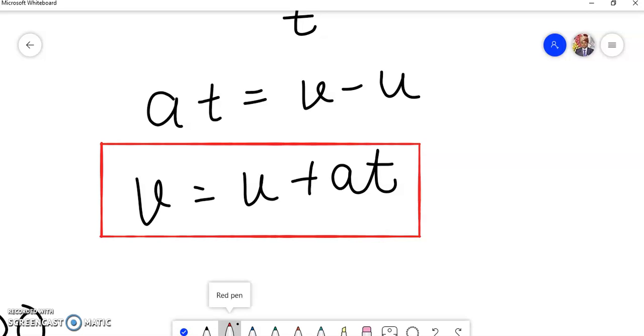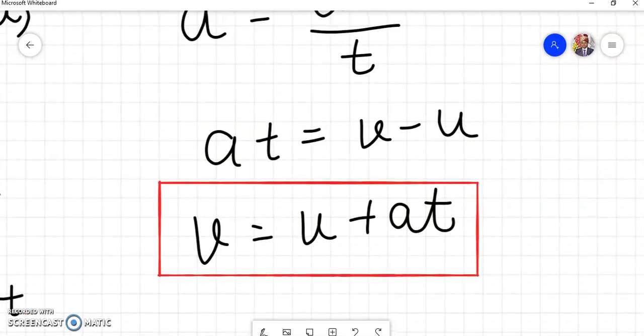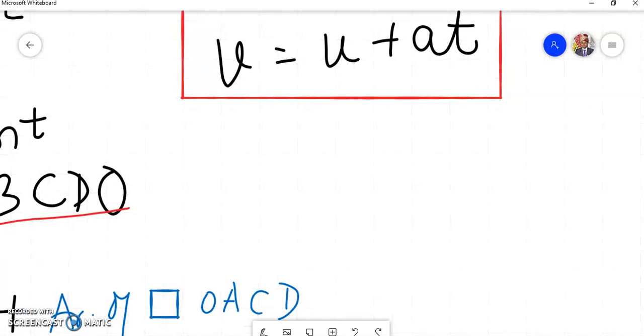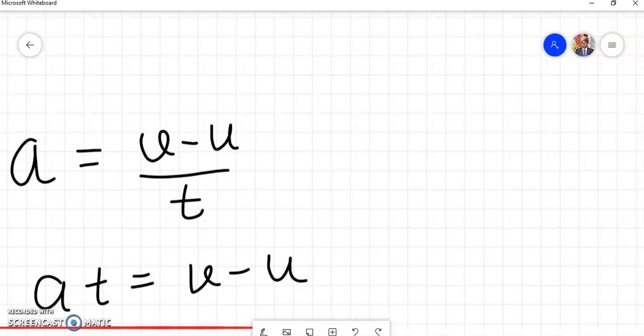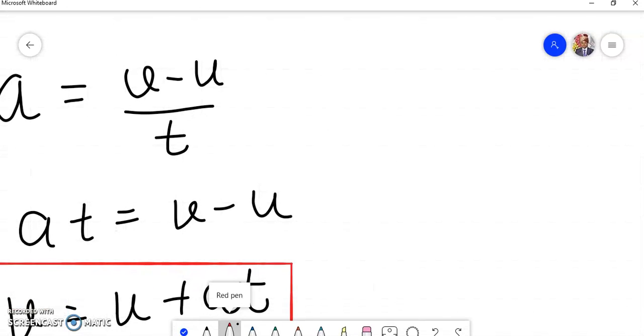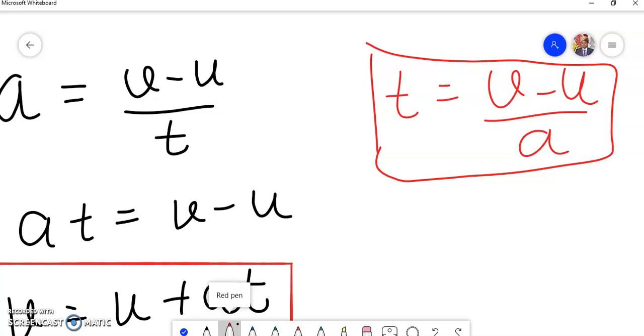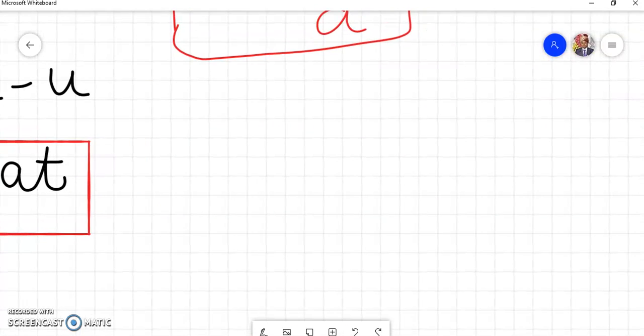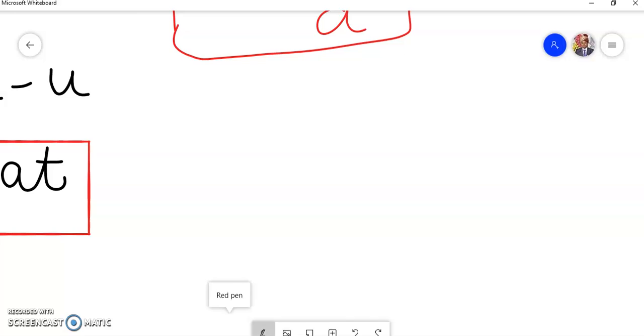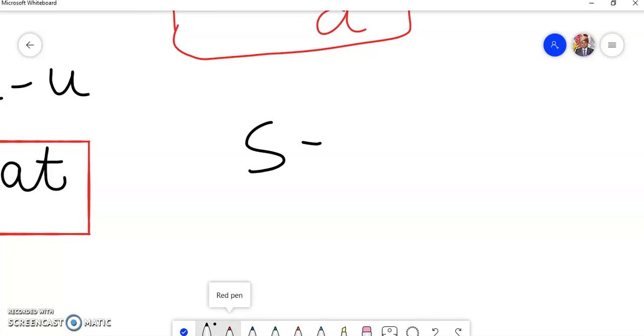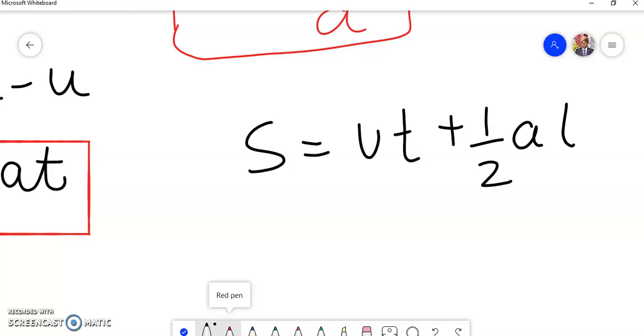The value of t is V minus u upon a. This is the value of t. And we have the second equation as what? S is equal to ut plus half at square.